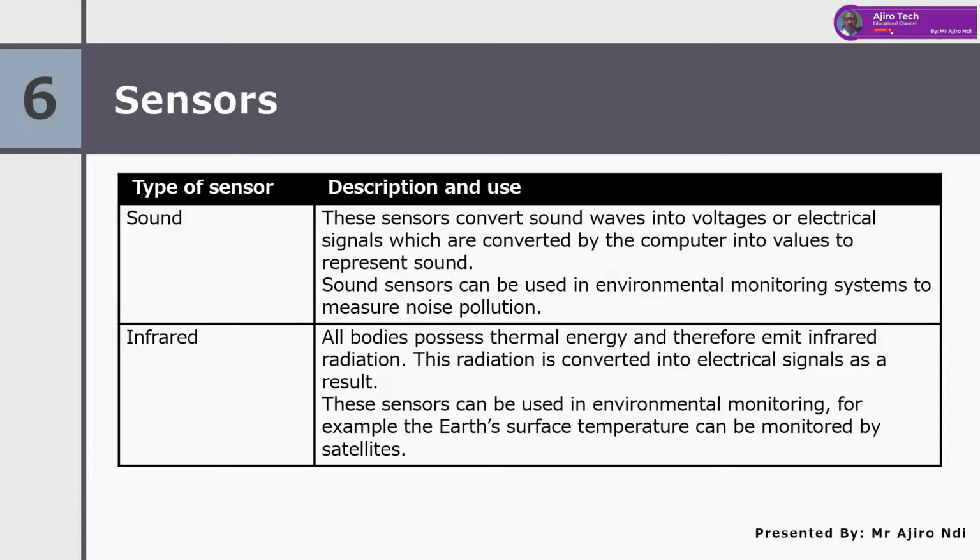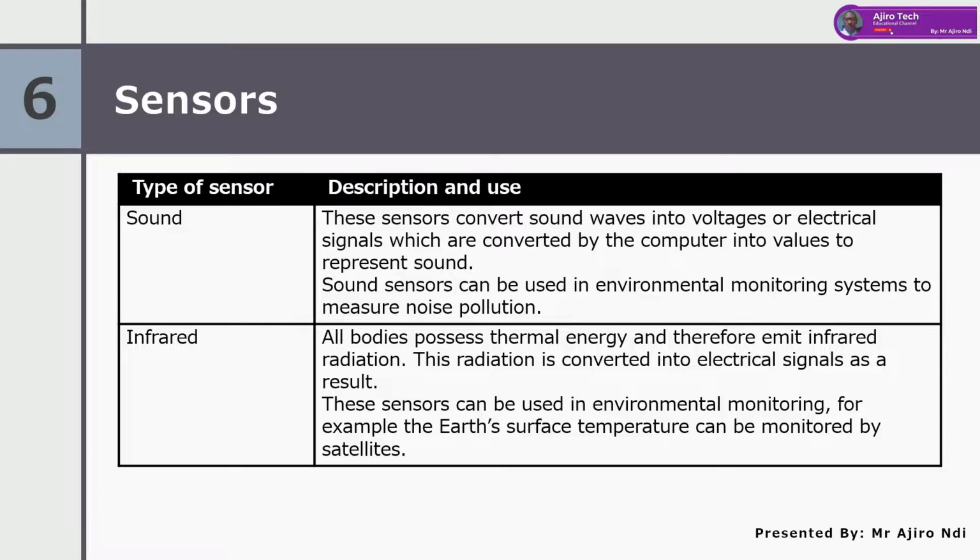Infrared. Now, all bodies possess thermal energy and therefore emit infrared radiation. This radiation is converted into electrical signals as a result. Right there on the screen, it says this sensor can be used in environmental monitoring.